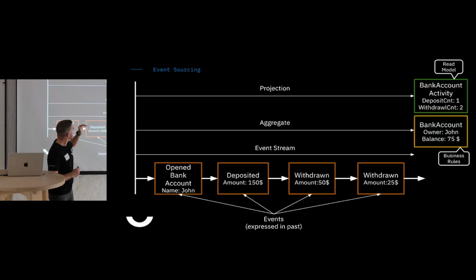And the projection is just some data maybe to ship it to the front end or another client. So it's just a read model. So we already can prepare some data for specific use cases and just provide it to our clients.